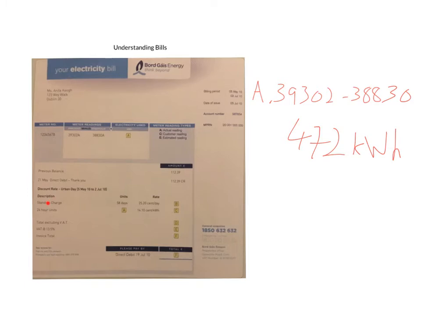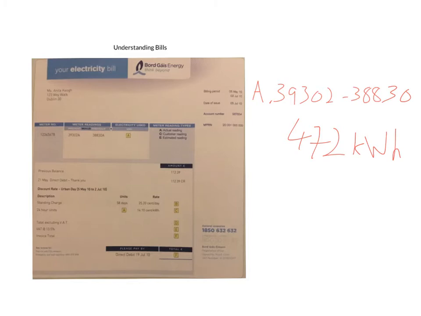So if we look down here then further below, it gives a list of what they're being charged for. So a standing charge is how much you need to pay just to have the electricity service in your home. So for example, this person, Anita Kyo, pays €25.20 every day to have electricity, even if she doesn't use any of it.